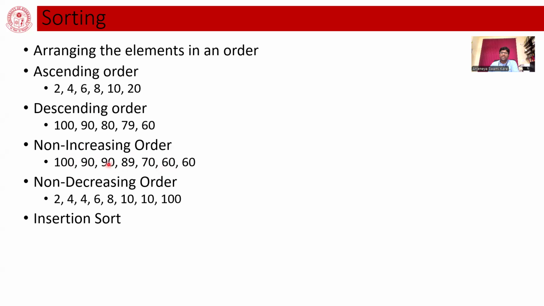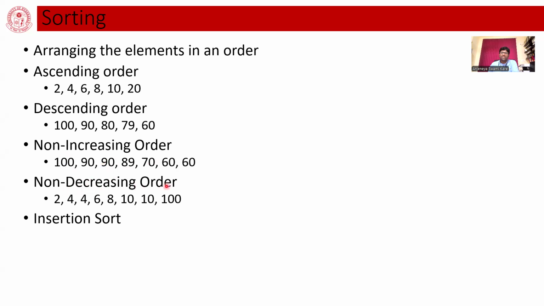For example, 100, 90, 90 coming twice, and then 60 coming twice. It is not strictly decreasing, but it is at least non-increasing. Non-increasing means the next element will be smaller than or equal to the current element. Okay, this is a non-increasing order.